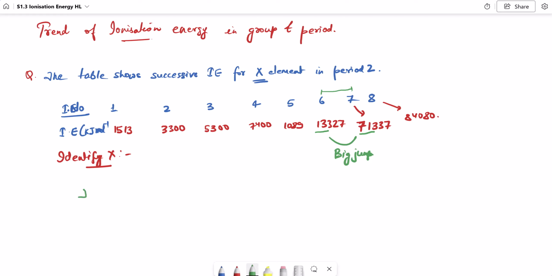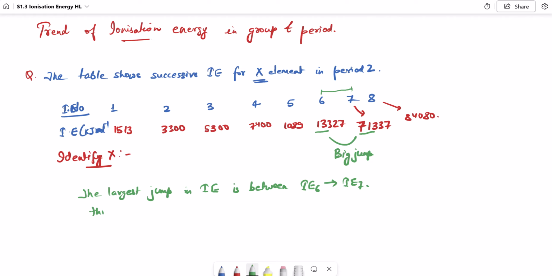So I can say that the largest jump in ionization energies is between ionization energy 6 and ionization energy 7.